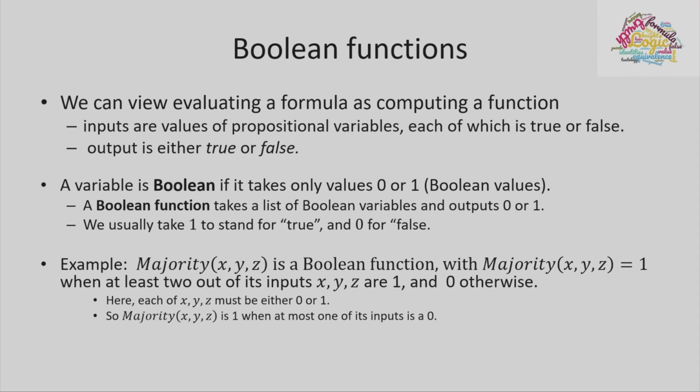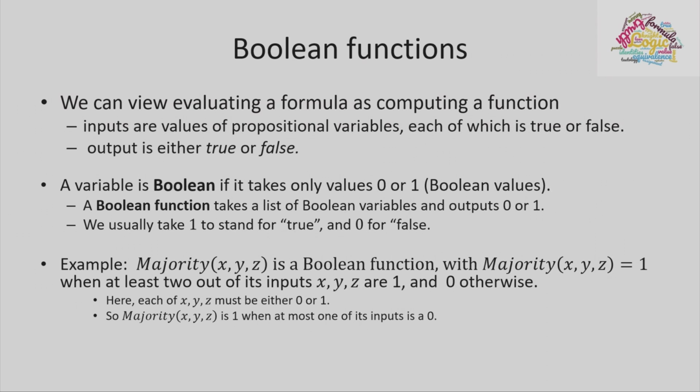So for example, majority of three elements, x, y, and z, which are all Boolean variables, meaning each one of them is either a 0 or a 1, is a Boolean function.